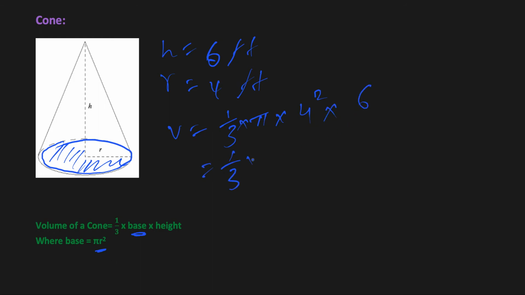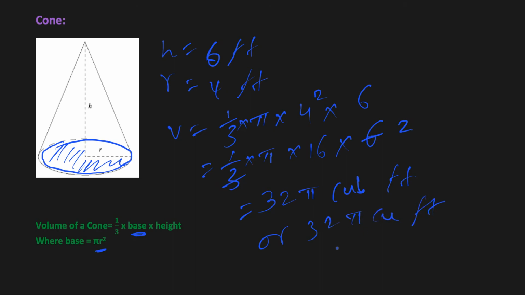So this would be 1/3 times pi times 4 squared, which is 16, times 6, and 1/3 of 6 is 2, so this would be 32 pi cubic feet. Cool. So that's how we calculate volume of a cone.